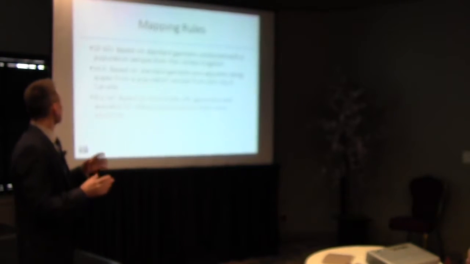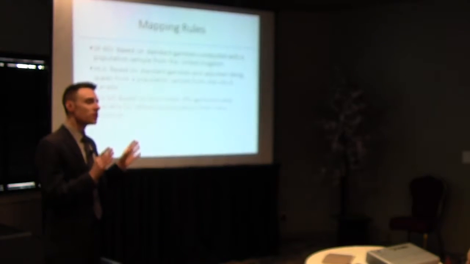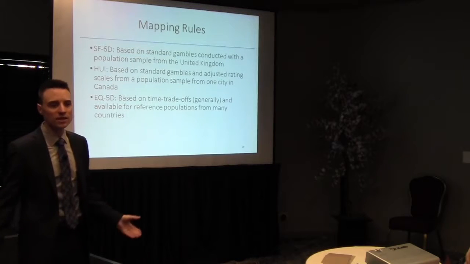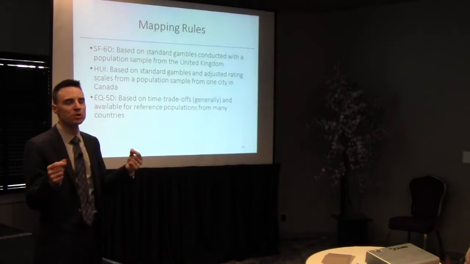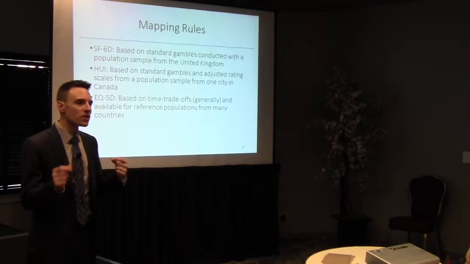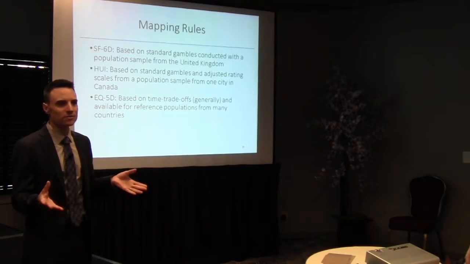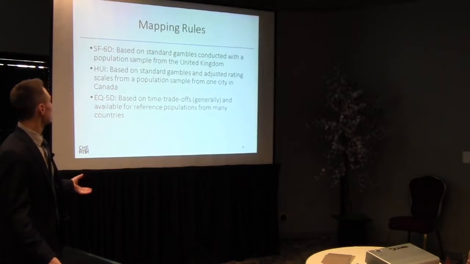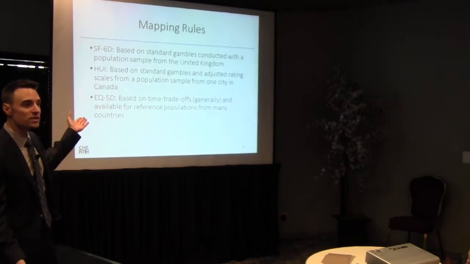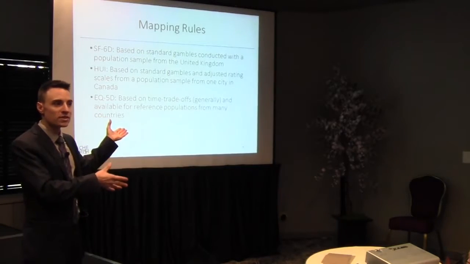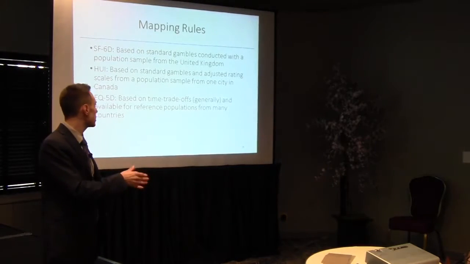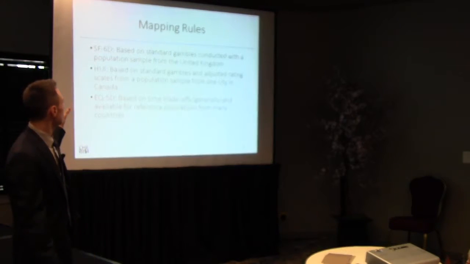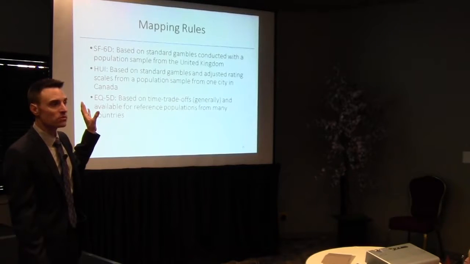Okay, so in terms of these generic health-related quality of life instruments, even if you find out that it's good, it's generic, it's preference-based, I can use it to calculate QALYs, well, you're not done, right? There are still further considerations, such as, what populations do those values relate to? So have they been valued in this particular population? The SF6D, for example, has values that were conducted within a population sample from the UK.